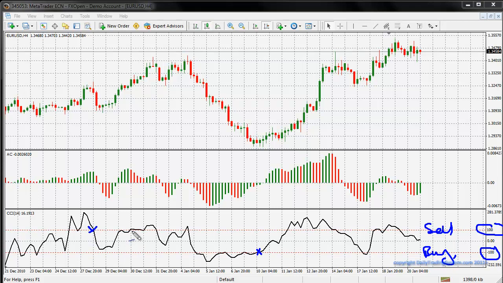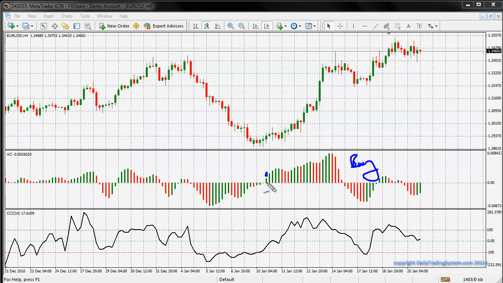With that all being well on its own, if you really want to strengthen your signals, take a look at the very first bar that emerges above. This is for a buy signal, by the way, ladies and gentlemen.